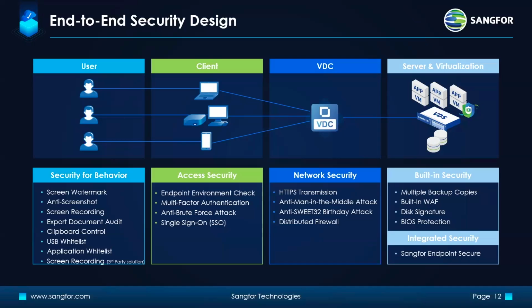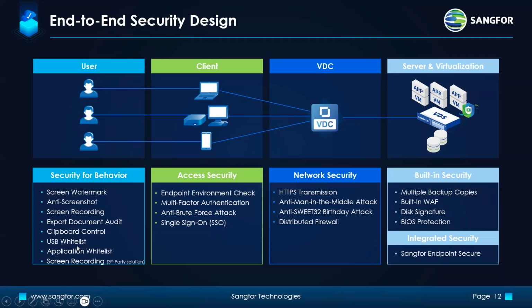If we allow it, it will be through a specific software from where he can export the document, and we can set a limit on how many times he can export and how much file size he can export. Clipboard control like copy and paste, and then USB whitelisting: we can restrict USB, so any user who has a USB at home or in your organization will be restricted.